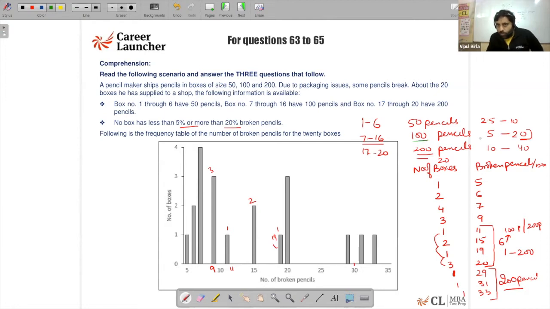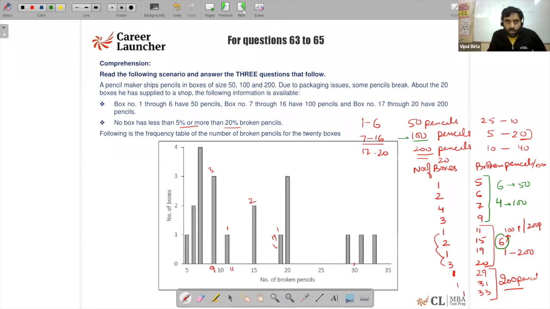So out of the total 10 boxes which consist of 100 pencils, we know 6 are there. So the remaining 4 boxes with 100 pencils have to be from this, while the 6 boxes are with 50 pencils. So we need to look out for 4 values out of this and 6 values out of this.